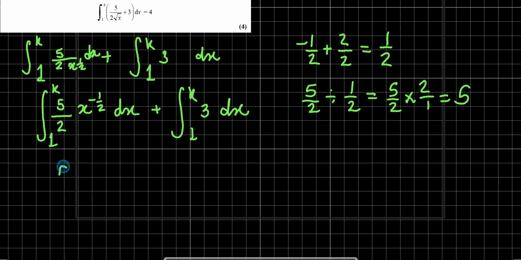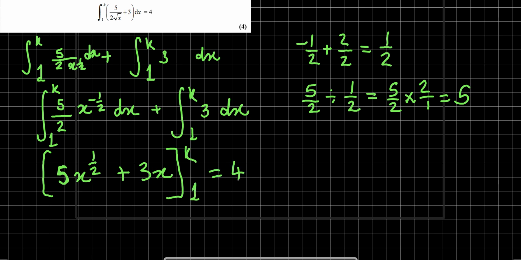So on this side we're going to have 10 x to the power of a half, and on this side plus 3x. We don't need the plus c because the integration is between k and 1, and that equals 4.